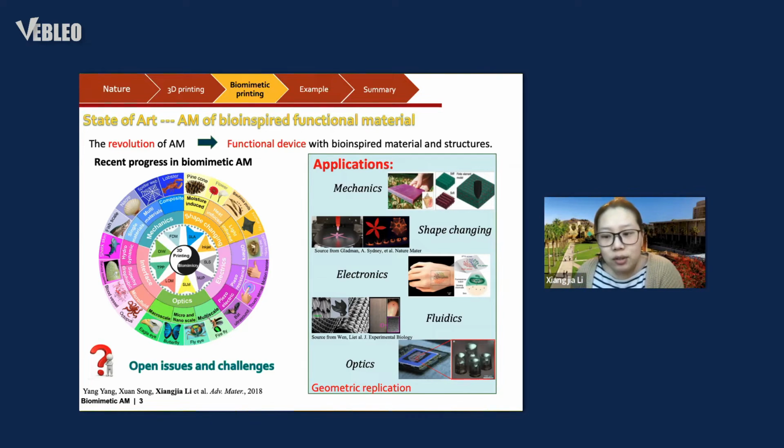They successfully use different additive manufacturing processes to achieve the bio-inspired structures. However, there are still some common issues and challenges in this field. It's hard to fabricate multi-material, multi-scale structures.